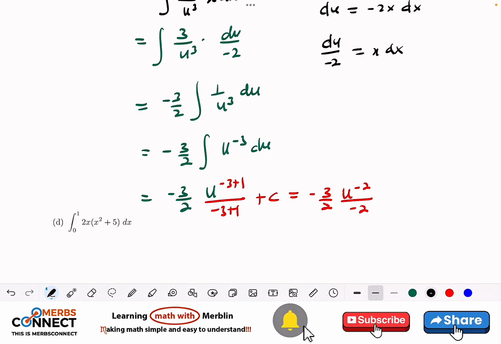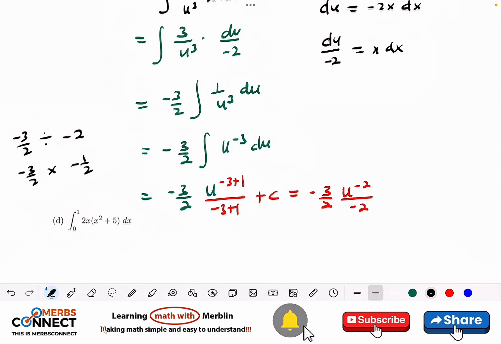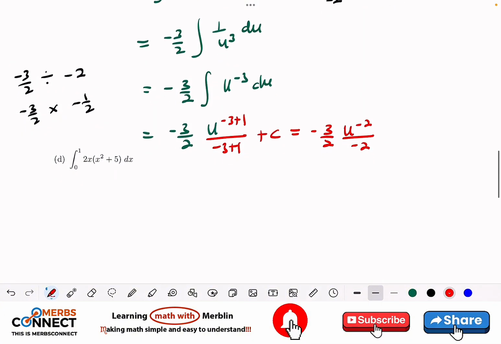So now the idea is that we have negative 3 on 2 divided by minus 2. So minus 3 on 2 times minus 1 on 2. So this is going to give us 3 on 4, right? So we are going to have 3 on 4.